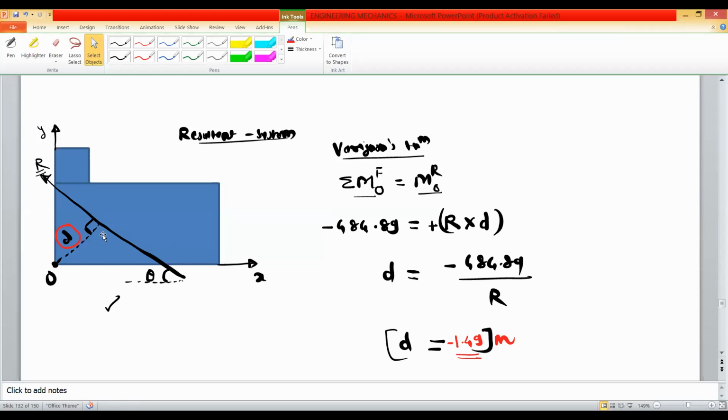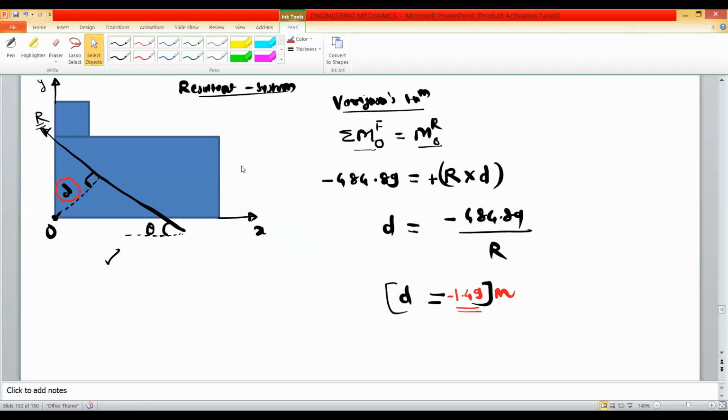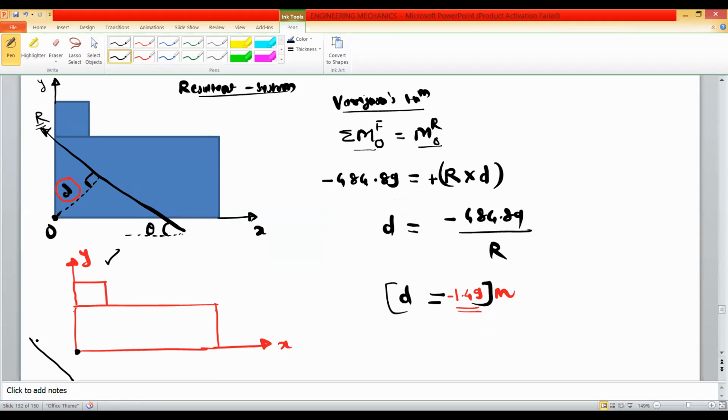Okay. So we can correct the given figure. So you can draw the corrected resultant diagram. So this is the position of the resultant.